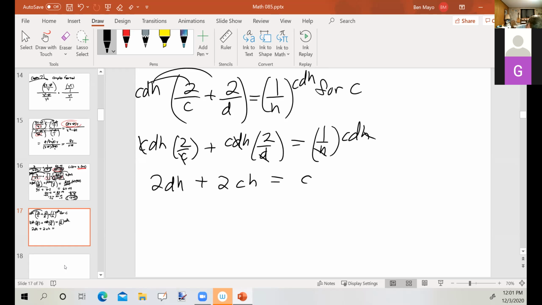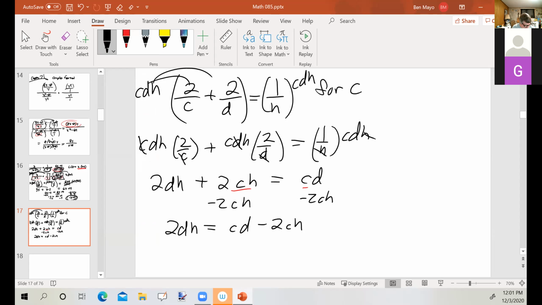The H reduces and I have CD. I'm trying to solve for C. There are 3 terms in this equation. 2 of them contain C. So let's put all the terms with C on the same side of the equation. So I'm going to subtract 2CH from both sides. So I get 2DH equals CD minus 2CH.